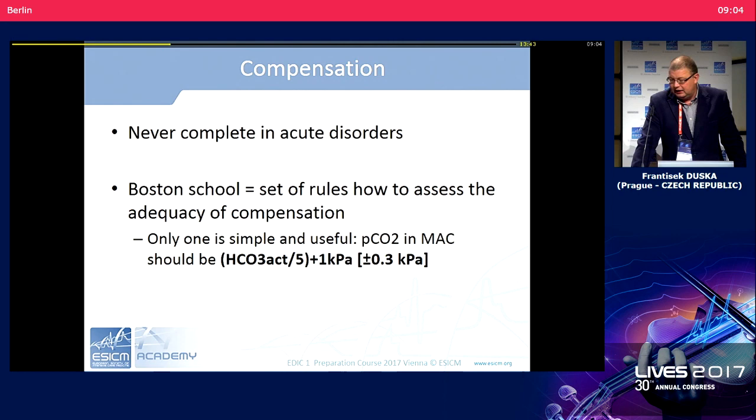These rules are sometimes difficult to remember, but one of them is worth remembering because it can really help you, as I'm going to demonstrate in a moment. This is the rule for appropriateness of partial pressure of CO2 in metabolic acidosis: actual bicarbonate divided by 5, plus 1 kilopascal.